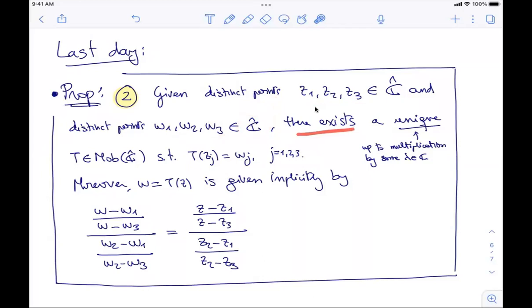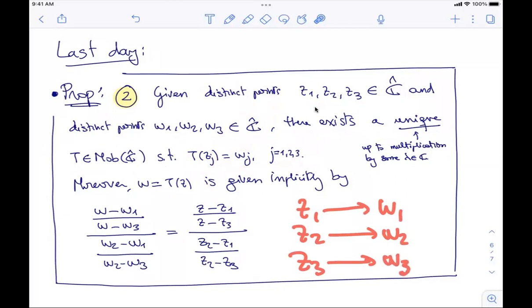Then there exists a unique Mobius transformation such that the images of the Zj are the Wj, and here the order is important. Okay, so Z1 gets mapped to W1, Z2 to W2, and Z3 to W3.